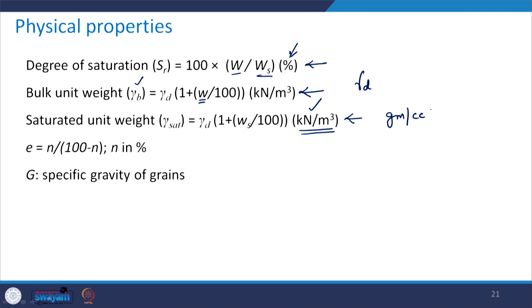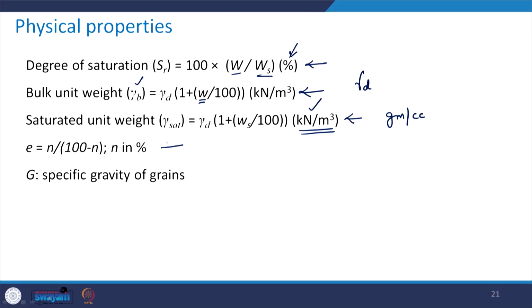That is the difference between density and unit weight. Density is mass per unit volume and unit weight is weight per unit volume. Then there is a relationship between the void ratio and the porosity, which is given by this, where n is the porosity and is represented in percentage. G, as I mentioned, is the specific gravity of grains.